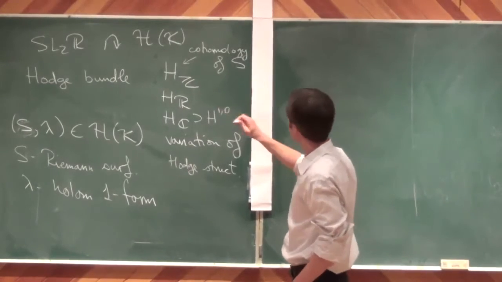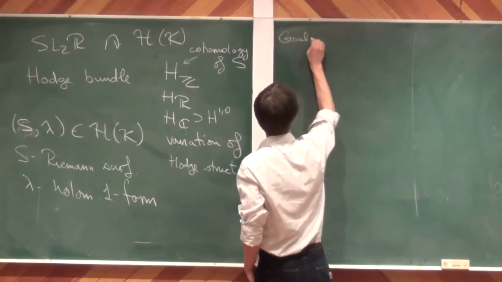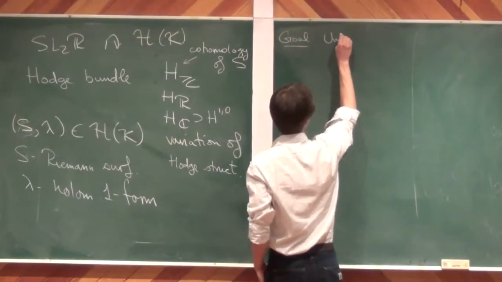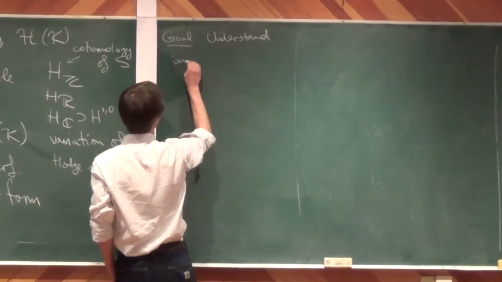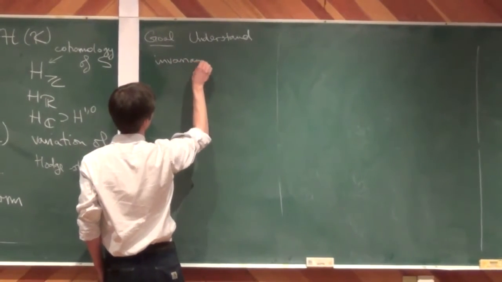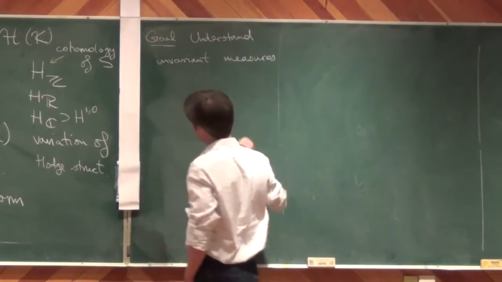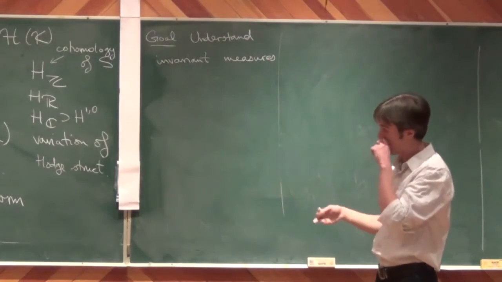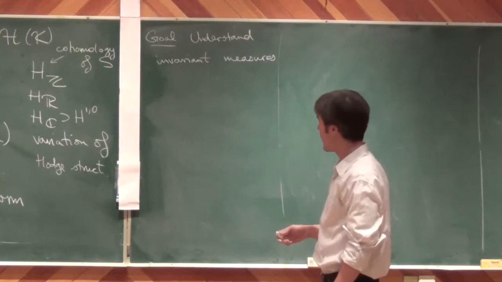To understand the dynamics of this action, one of the main goals is to understand invariant measures. Because if you understand invariant measures, then you can say things about the ergodic theory on these individual flat surfaces.